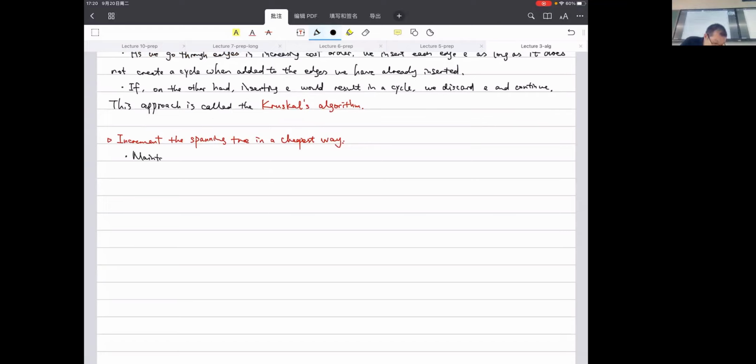We maintain a set S, which is a subset of V, on which a spanning tree has been constructed so far. Initially, we start with some certain random vertex, say S equals {s}.